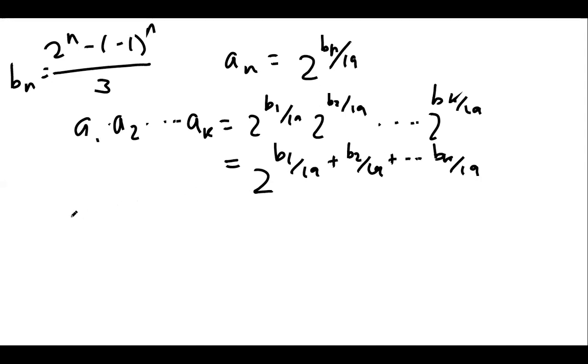So now let's think about what it means to add up b1, b2, and so on, all the way to bk. We can split this into a few cases. If k is even, remember that we have this formula here.